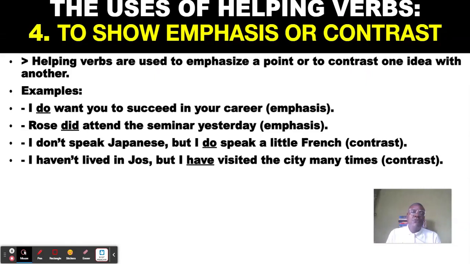And then to contrast one idea with another and to draw the attention of the listener to the opposite idea or the contrasting idea, then I use a helping verb.